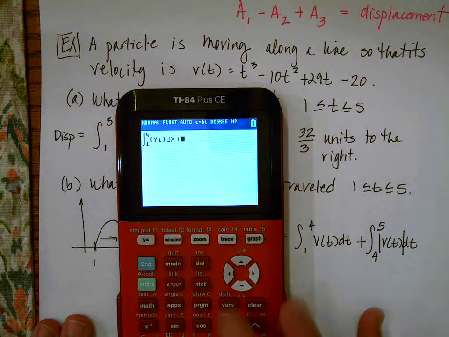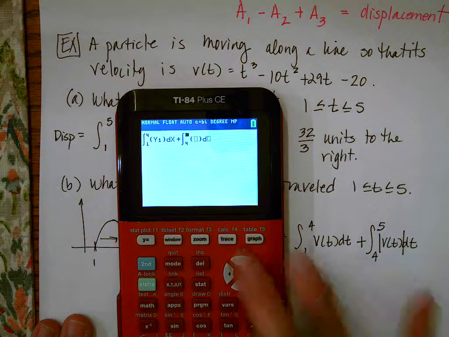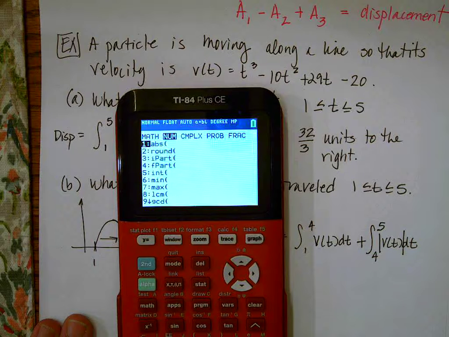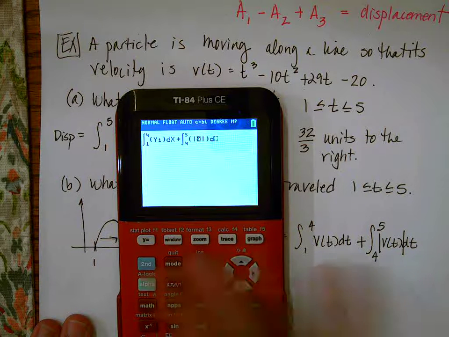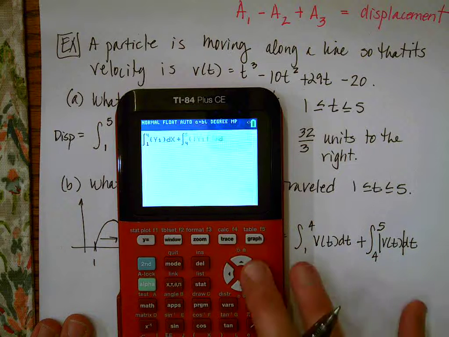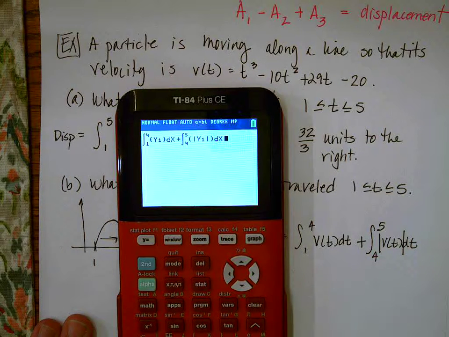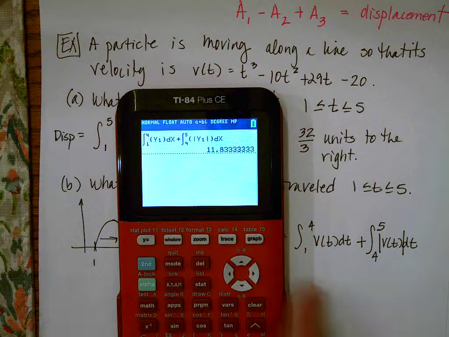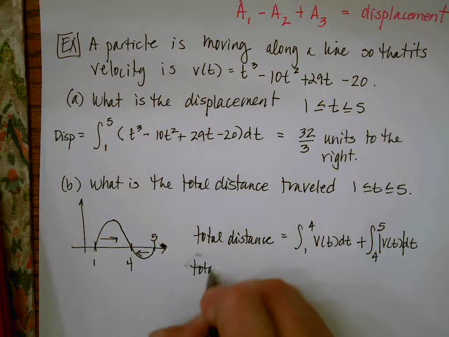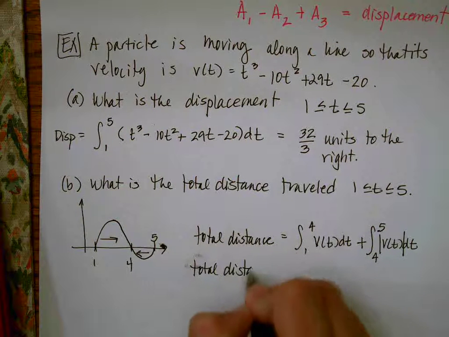There's y1, and I'm going to differentiate with respect to x, and I'm going to add it to the integral, math 9, from 4 to 5 of, and then I want to make sure that I get my absolute value. So I'm going to do absolute value, and then I'm going to do alpha y1, and then I'm going to do my dx, because that takes the absolute value, and I get 11.833.